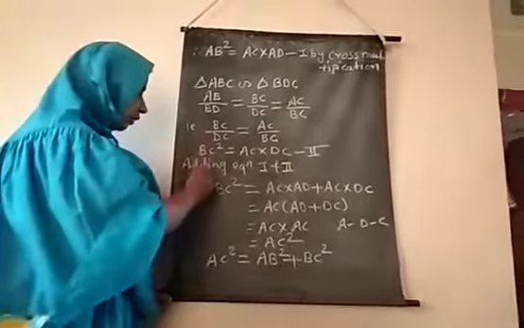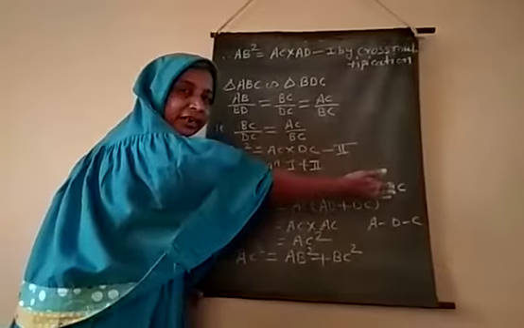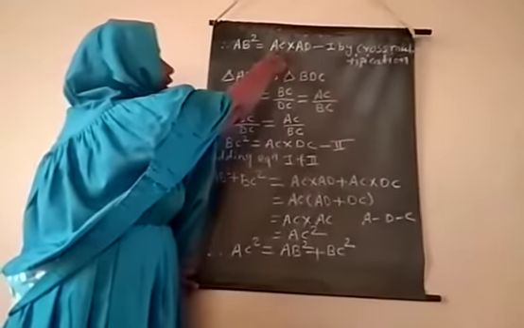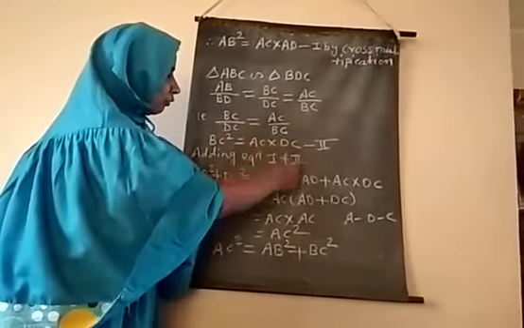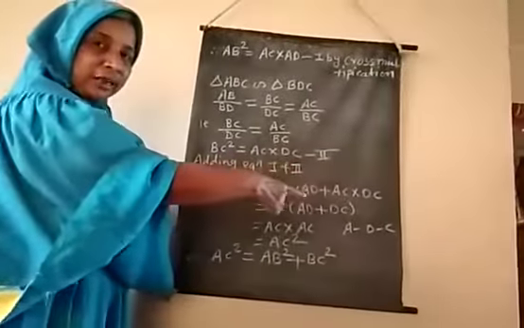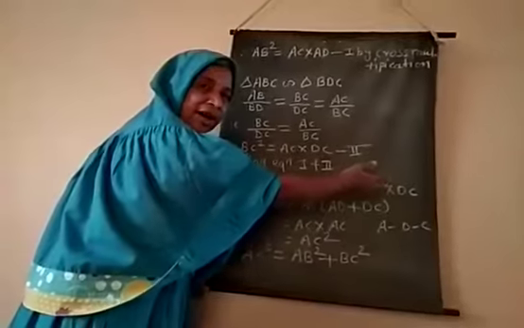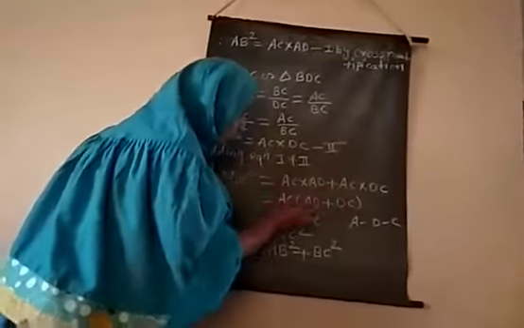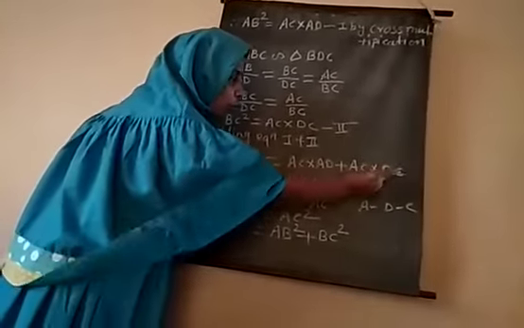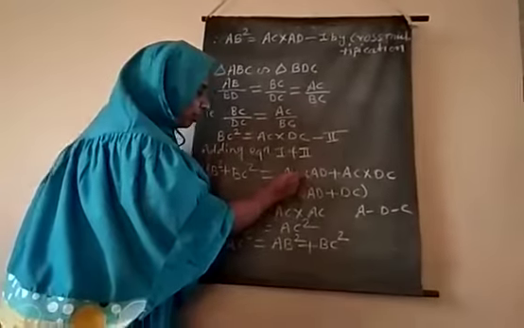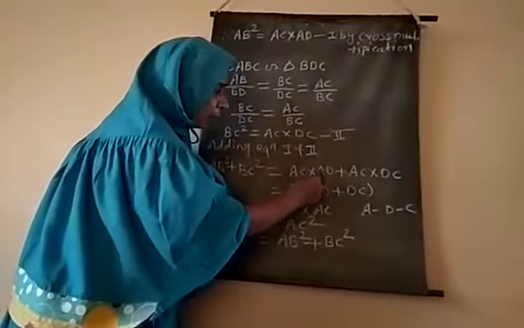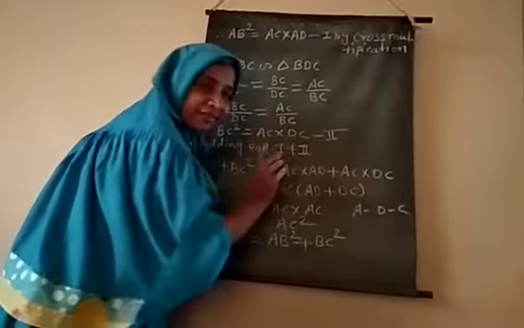LHS is added, equal to RHS added. So RHS is AC multiplied by AD plus AC multiplied by DC. Now AC is common, so we take AC common, and inside the bracket what remains is AD plus DC.